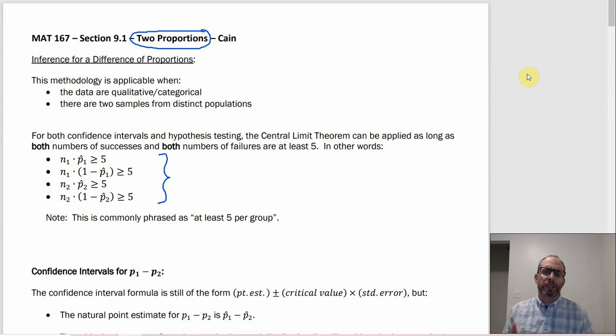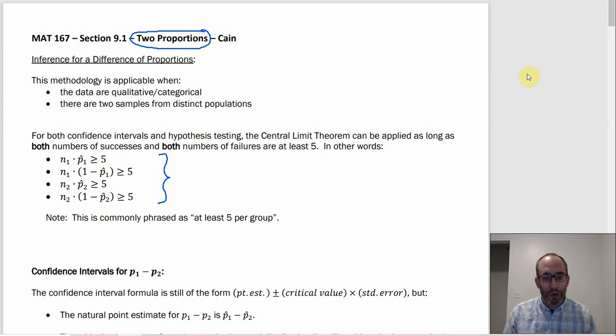There is one slight difference, which is that when we did this before, like for a single proportion, for a confidence interval, we would have used the sample proportion as part of the check, but then for the hypothesis test, we could use the value in the null. Here you can't do that because there aren't going to be specific values in the null for P1 and P2, so you just have to do it the confidence interval way all the time.